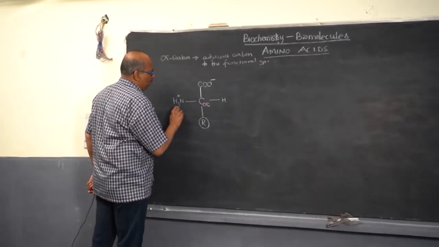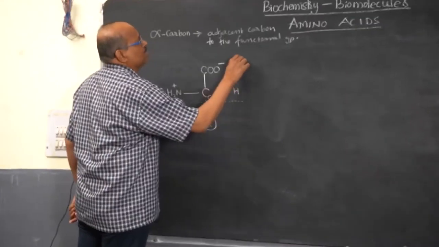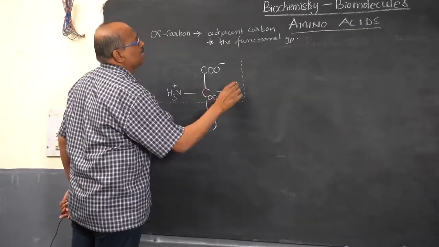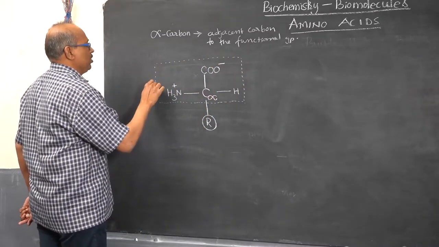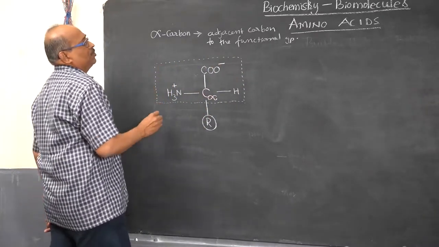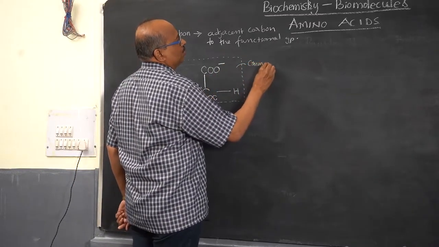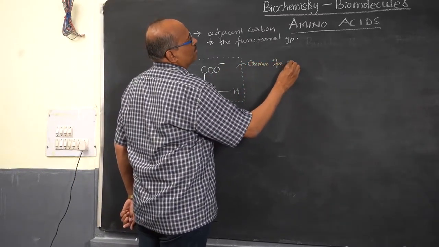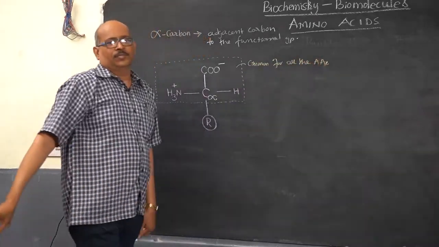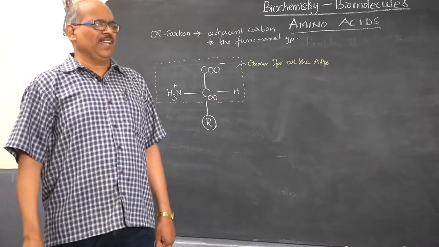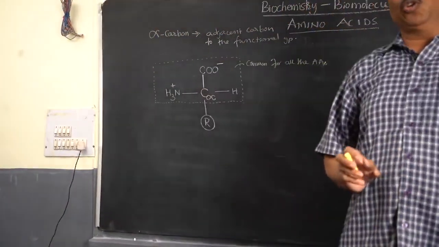For most of the amino acids, or almost all the amino acids, this will remain the same. This will not be changed. So this is common for all the amino acids. The only difference is proline, where you don't get an amino group, instead of that you get an imino group.